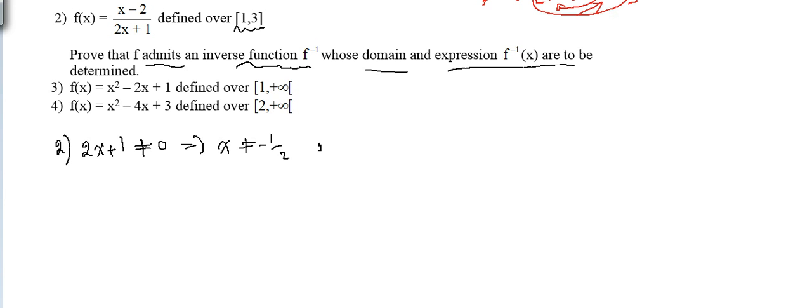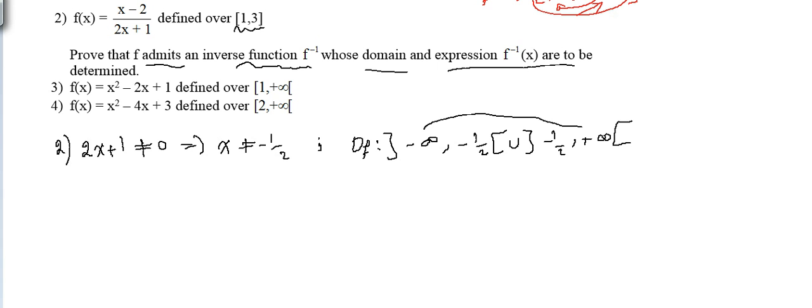So the domain of f is from minus infinity to minus half, union from minus half to plus infinity. It's all of R, just excluding the value that makes the denominator 0.